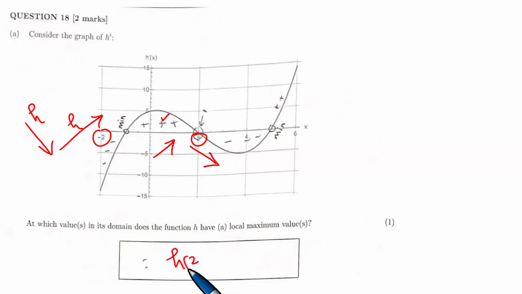So it is at h of 2, or simultaneously you can say here it occurs at x equals 2, which is the x in the domain. And at that point, that is where you can see the function is running with a positive gradient and then a negative gradient.